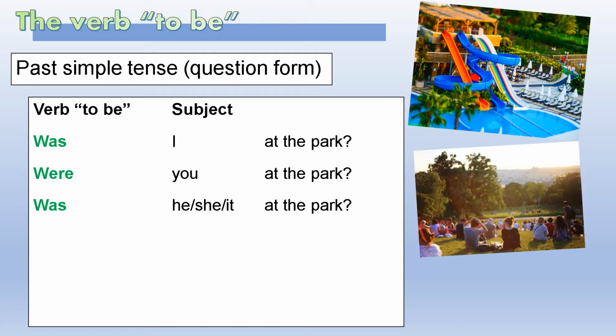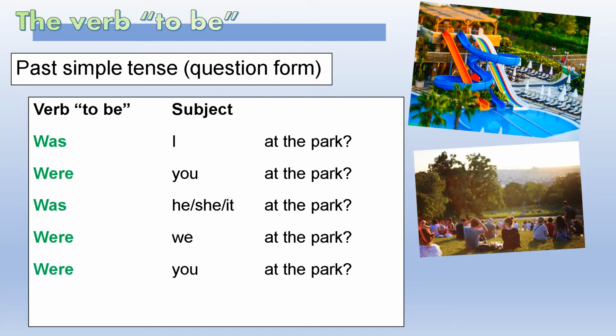Was he at the park? Was she at the park? Was it at the park? Were we at the park? Were you at the park? Were they at the park?